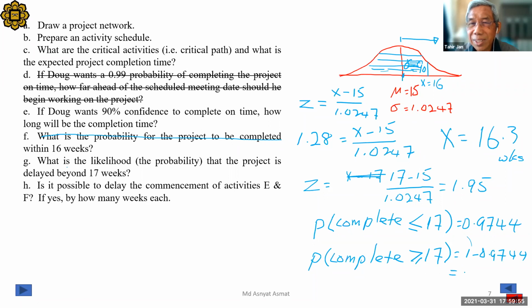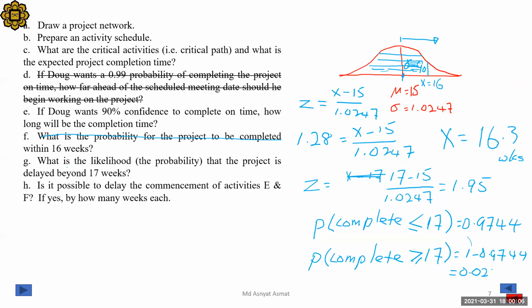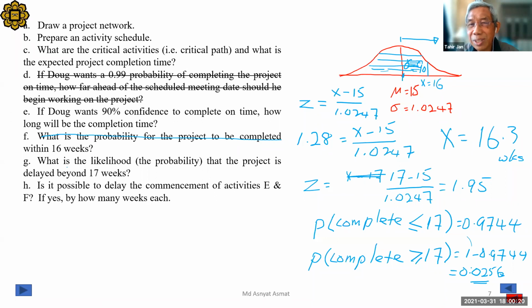The probability is very small, right? 0.0256. So the likelihood of delay is very, very small, right?